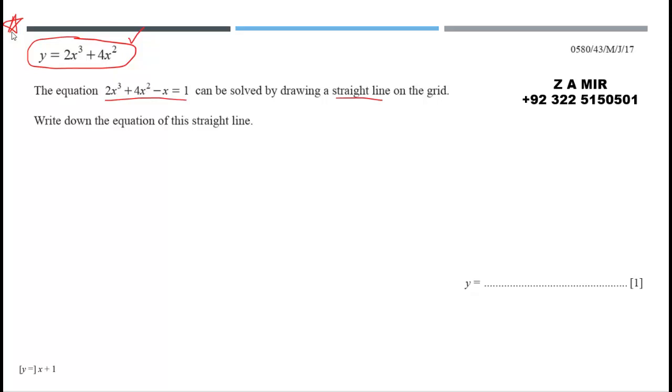So the point of intersection will be the solution of this straight line and this one. And because these two will combine to become this cubic equation, that solution will also be the solution of this cubic equation. But the question is, what is that straight line? So what I will do, I will rearrange this cubic equation. This is a single equation into two equations. One will be this one and the second will be the straight line. And see how.